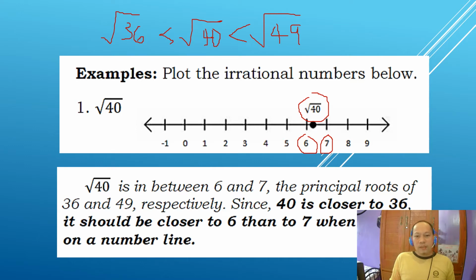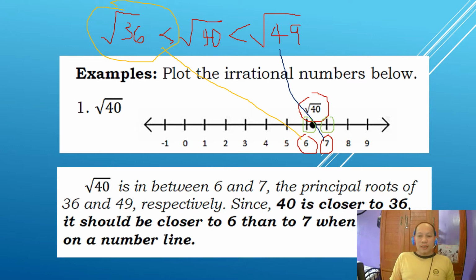Okay? Yung square root of 36, ito yun nandito. Whereas the square root of 49, siya to. Okay? Kaya ibig sabihin, ito yung square root of 36 at ito naman yung square root of 49.